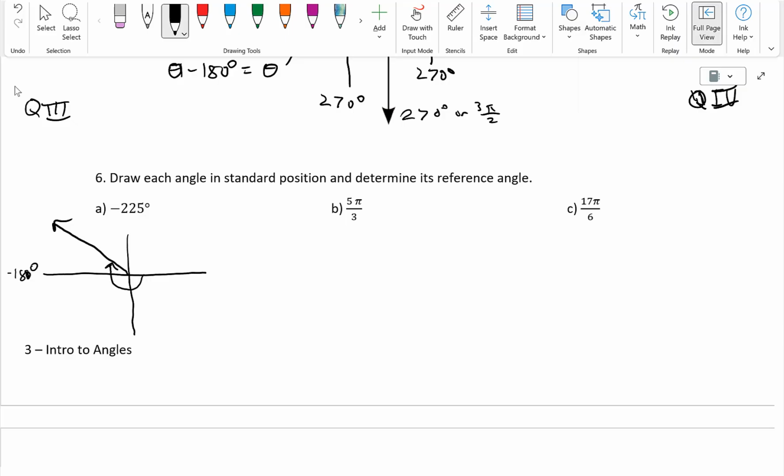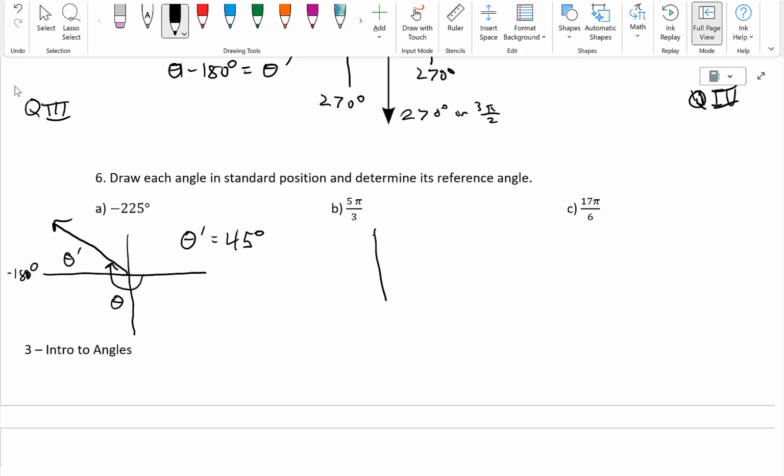So this is our theta, our negative 225 degrees, and we want that little leftover bit, theta prime. So for us here, the difference between 180 and 225 is just 45 degrees. So that's going to be our theta prime, our reference angle. Positive acute angle, so even if we subtracted negative 225 minus negative 180 or something, we still want to make sure that angle measures positive.